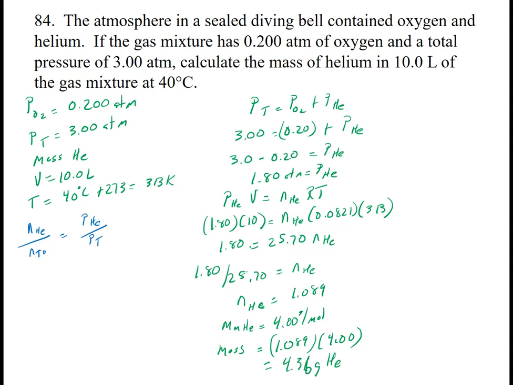Going back to the previous one where I had erased, I'm trying to think if this is the way you'd want to do it. I don't think so, because you can get the pressure of helium by subtracting, but I'd have to do the ideal gas law to get the total pressure. So this is actually still longer than this method here, so I'm not going to show you that.